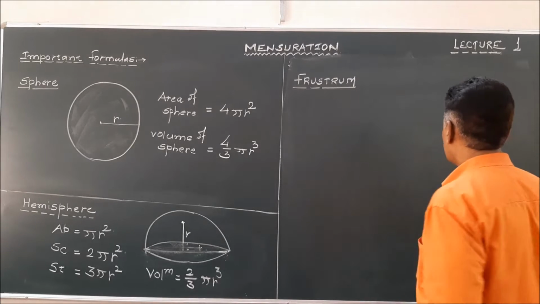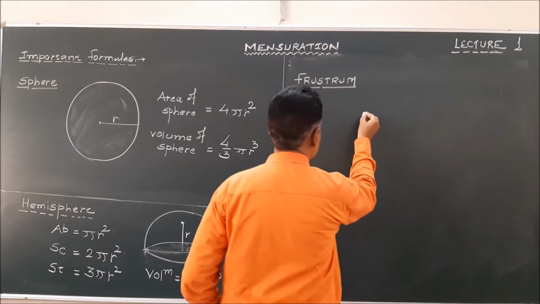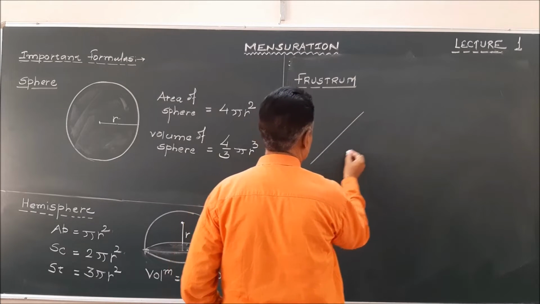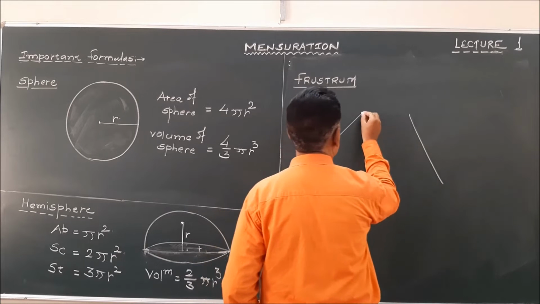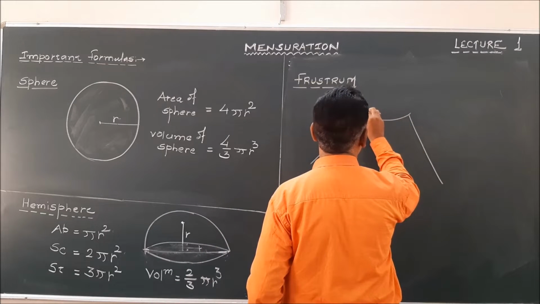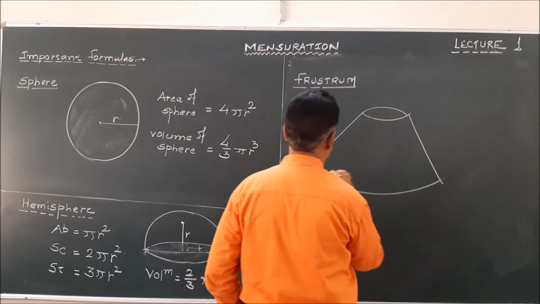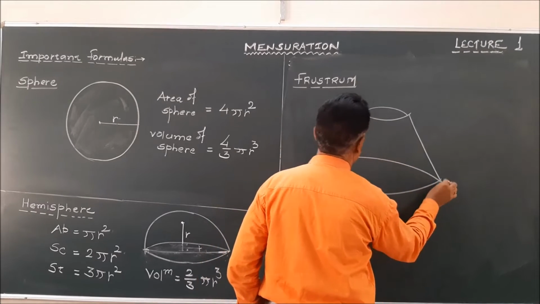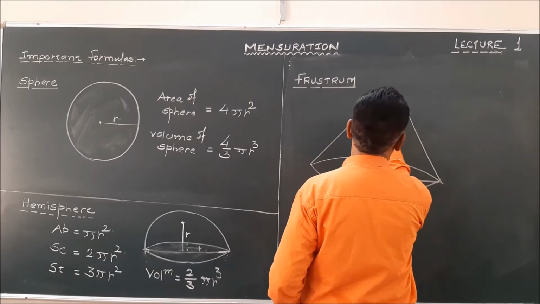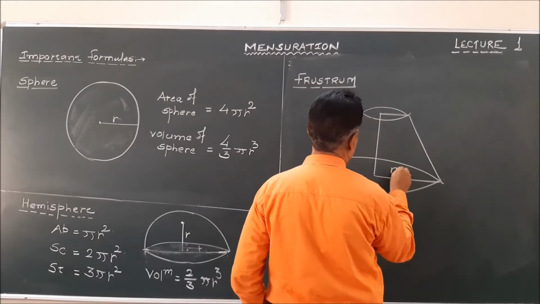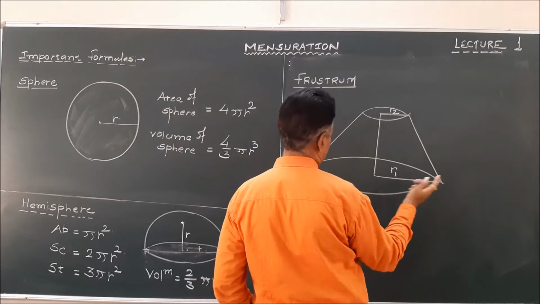Now you will find frustum is, these are the radii of top and bottom.